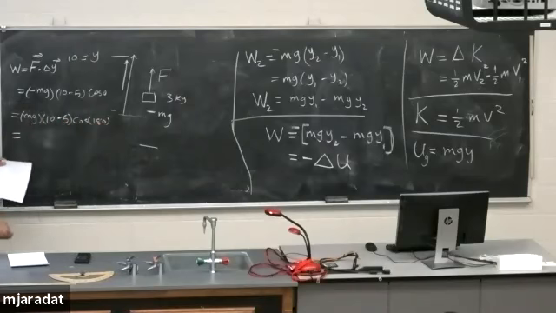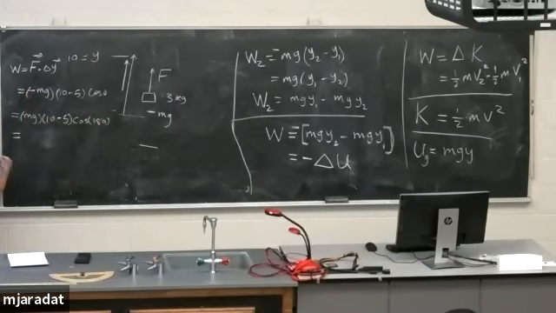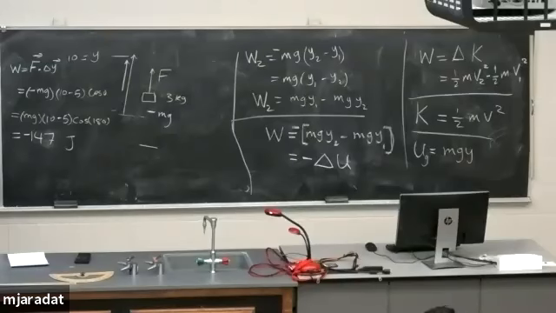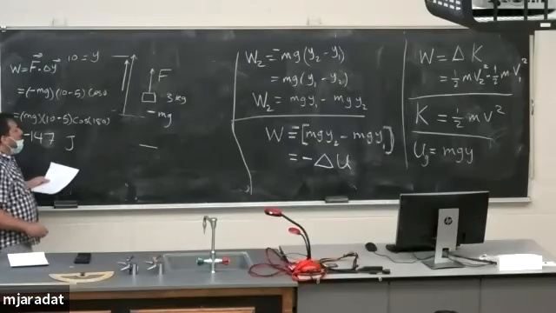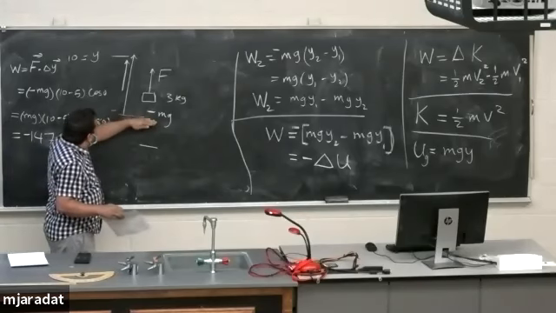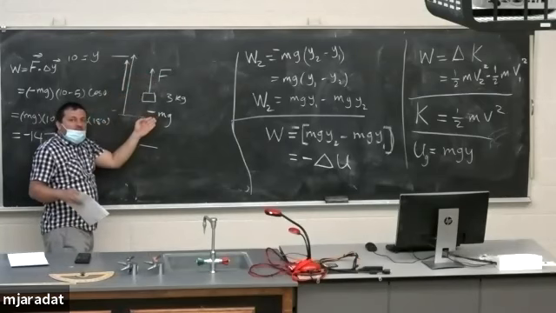So this is equal to: m is given 3, g is almost 10 or 9.8, 10 minus 5 is 5, cosine 180 is negative 1. So my work will be negative 147 joules. Because I lift the object from 5 to 10 by a force equal to the gravity force.